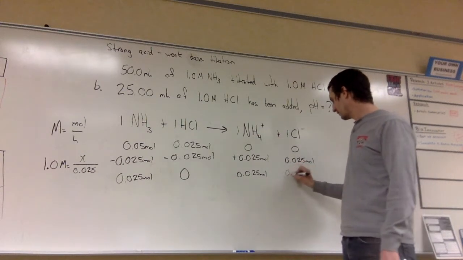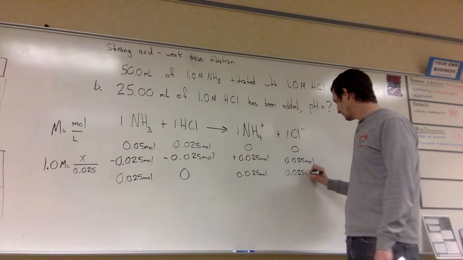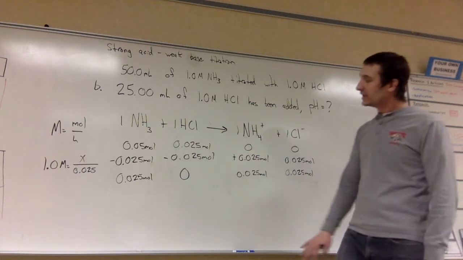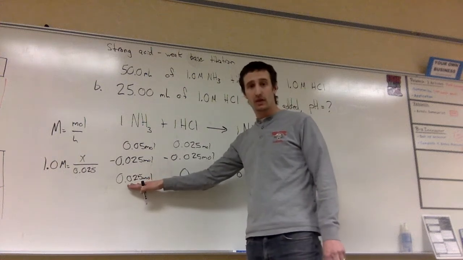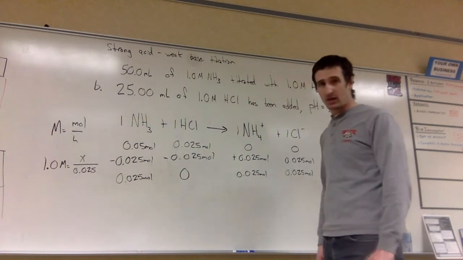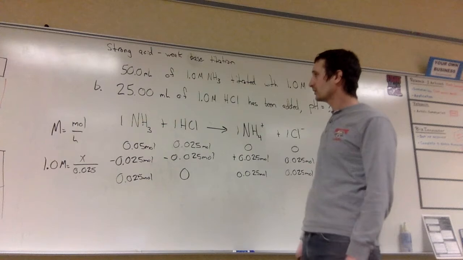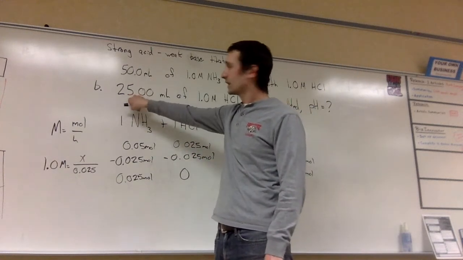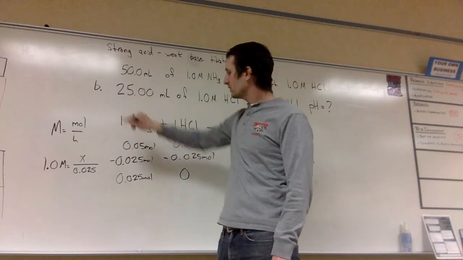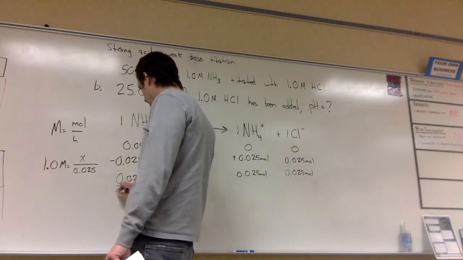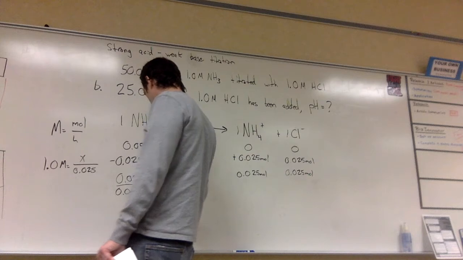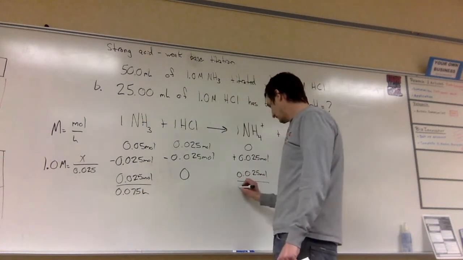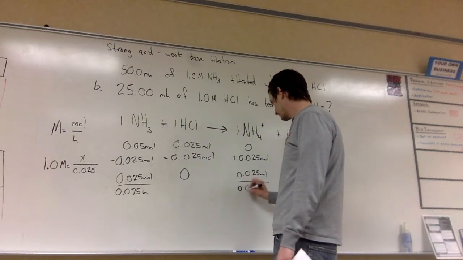These are not concentrations, but we can make them concentrations easily because we know the total volume. If we started with 50 milliliters and added 25 milliliters, the total volume would be 0.075 liters, and that would be the same for all of these.